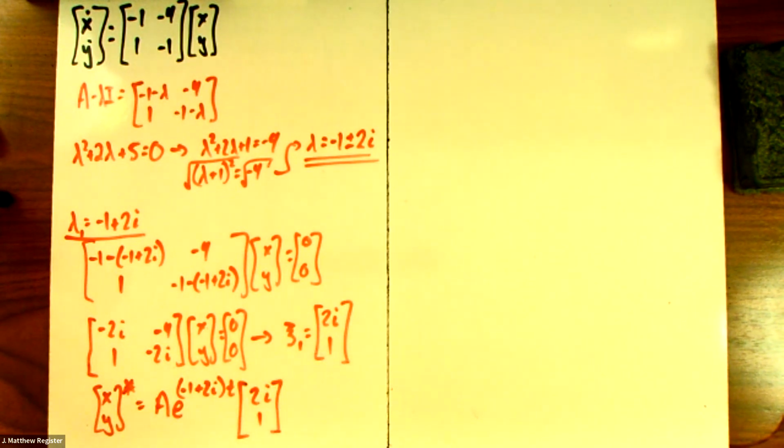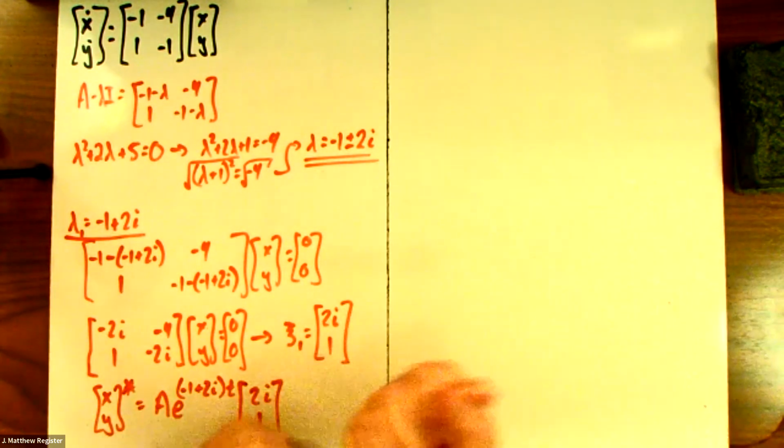And of course, the complex conjugate will be the B term, but we don't care about the B term because now we're going to take this solution, and we can even drop the A, and we're just going to write this out in terms of sines and cosines.